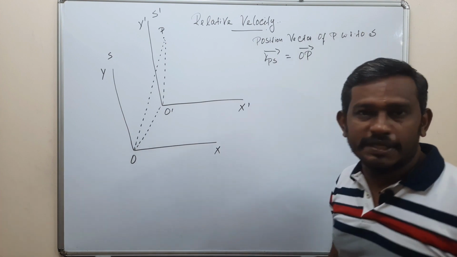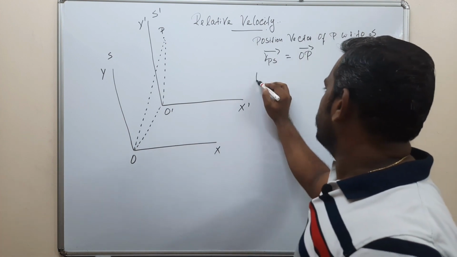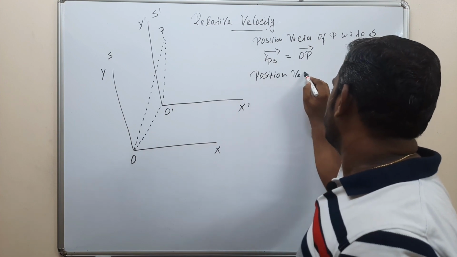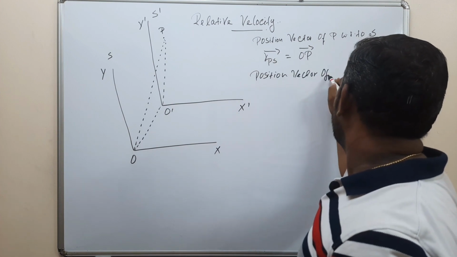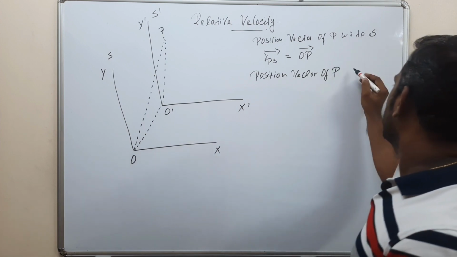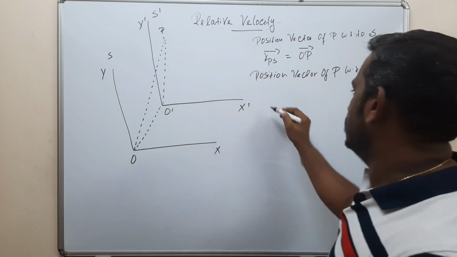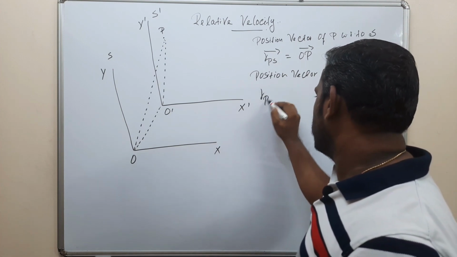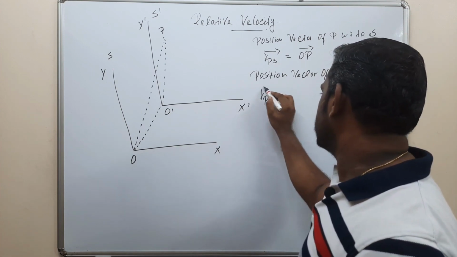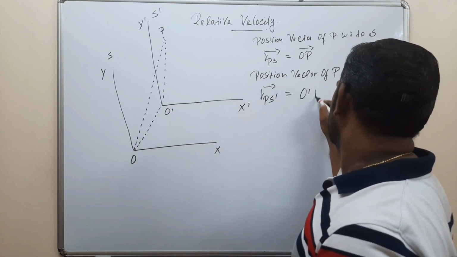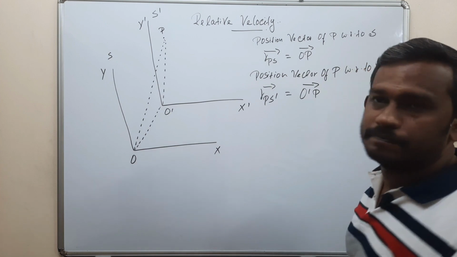Similarly, the position vector of P with respect to S dash, R P S dash vector, is equal to the O dash P vector.